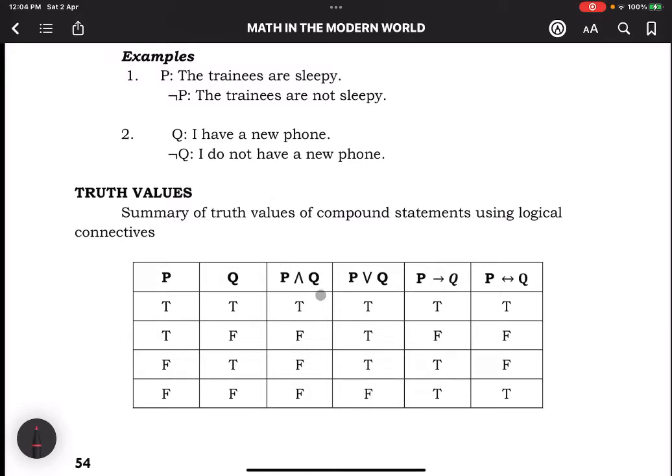For example, here we use "and," here "or," this one is "if then," and this one is "if and only if."